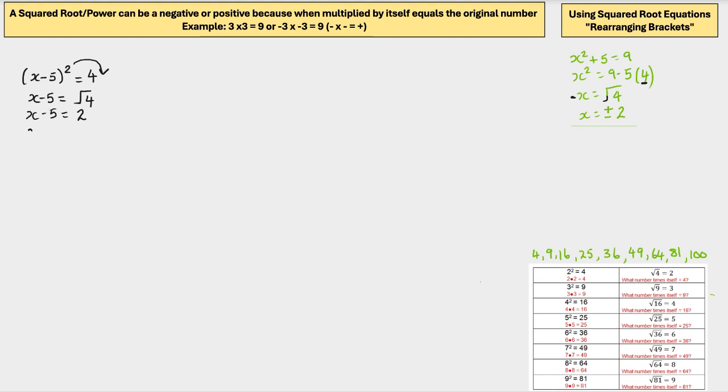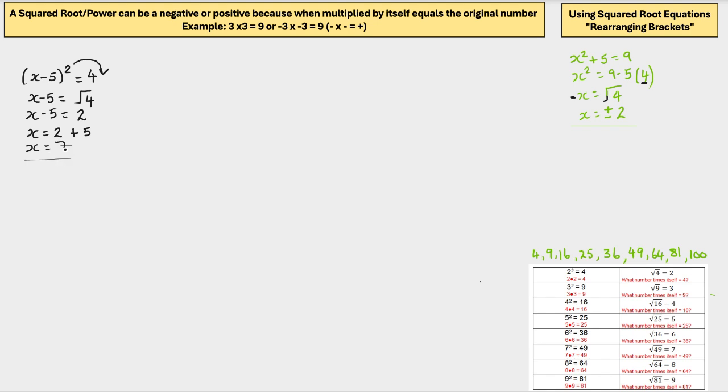So it's simple. To find x, it's 2. That's the negative. It's going over the equal sign. Becomes a plus. So x equals 7. Yep.